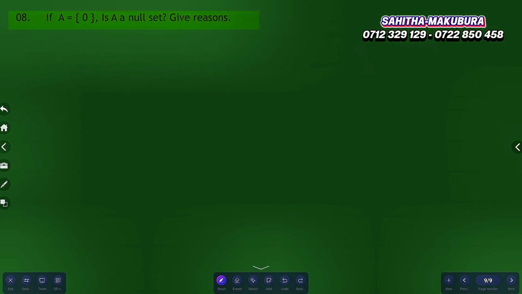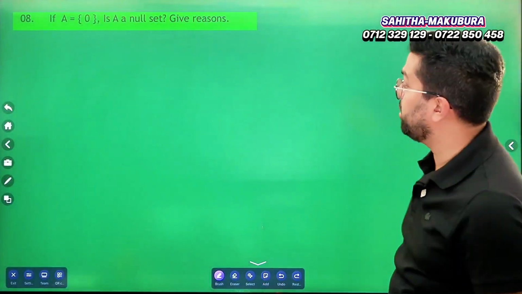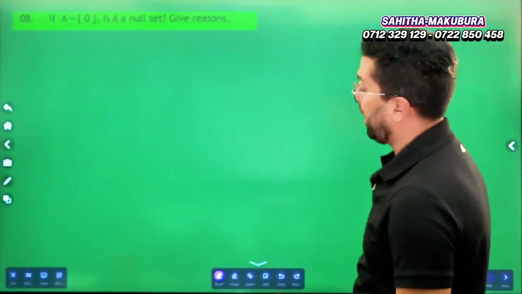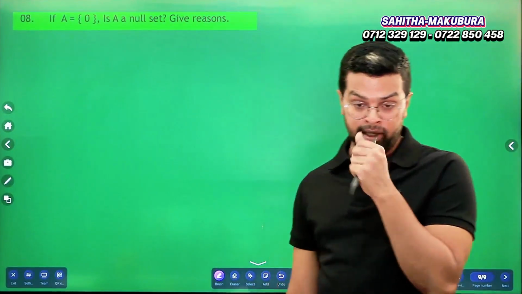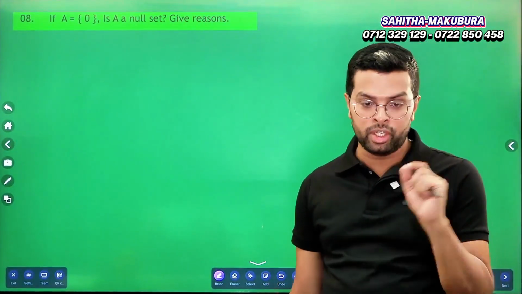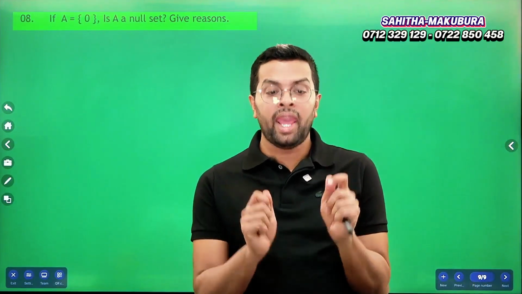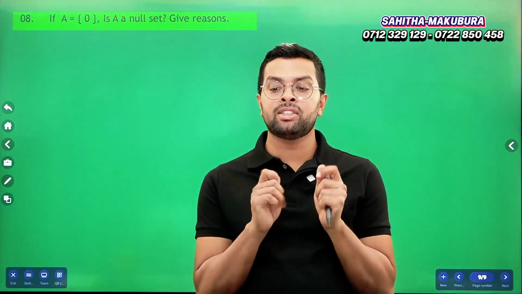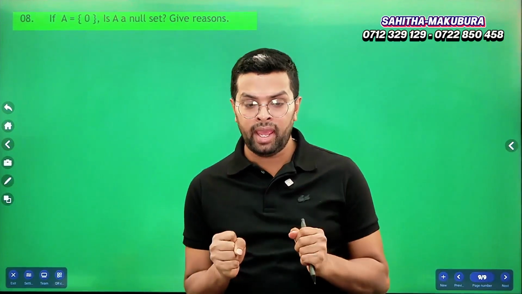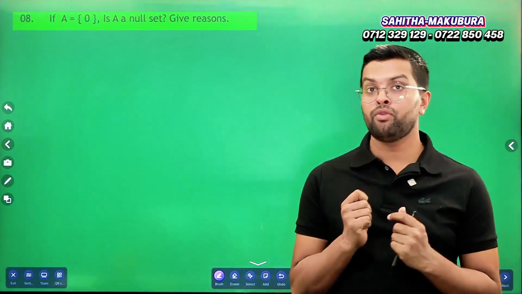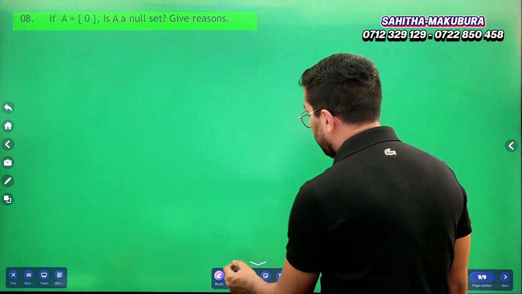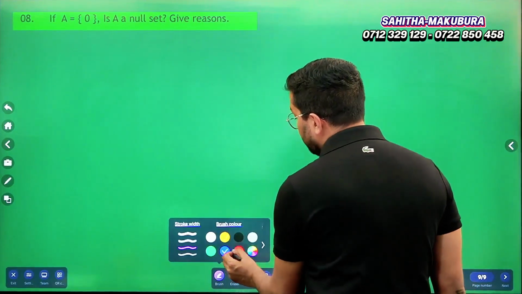A is a set. The element given in the set is equal to 0. The question asks us: is A a null set?